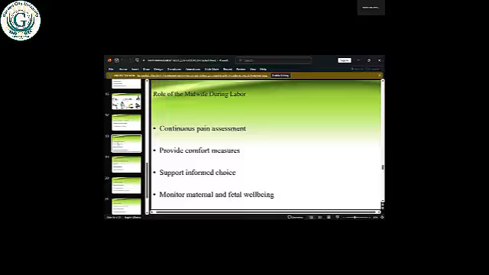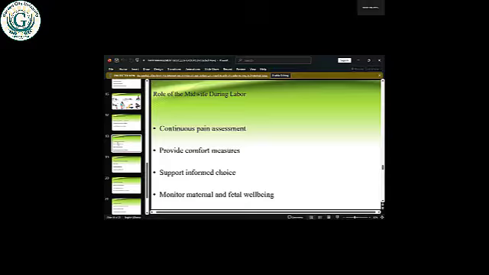Okay. And I will be taking you through the role of a midwife during labor, how we manage pains during labor. So we are saying one, continuous pain assessment. With a continuous pain assessment, the midwife assesses the pain with two tools. We have technical tools that we can use to assess pain during labor. One of the tools is the visual analog scale, that we call VAS, or the McGill pain questionnaire. So how do we use the visual analog scale?